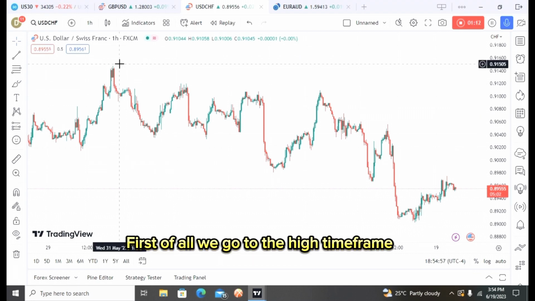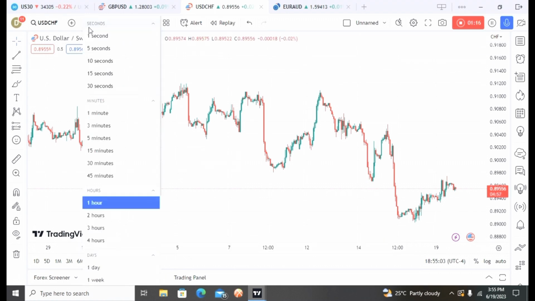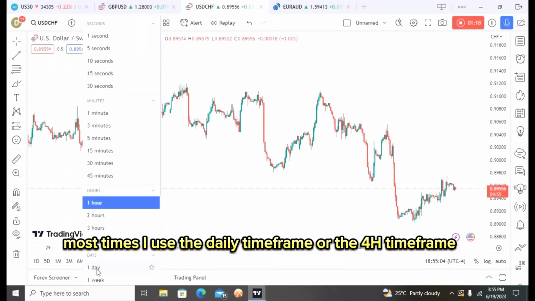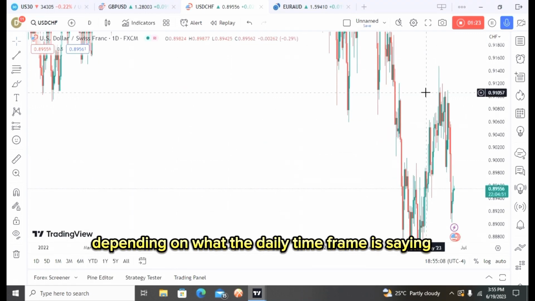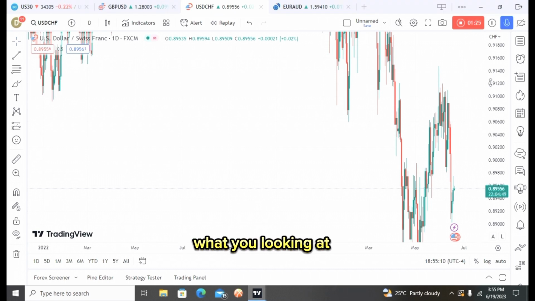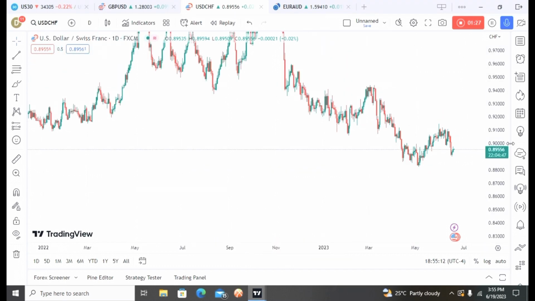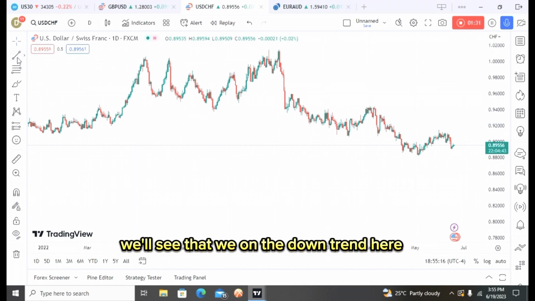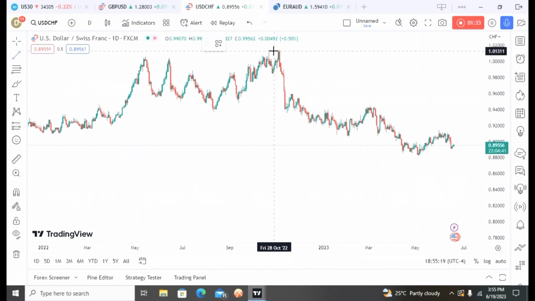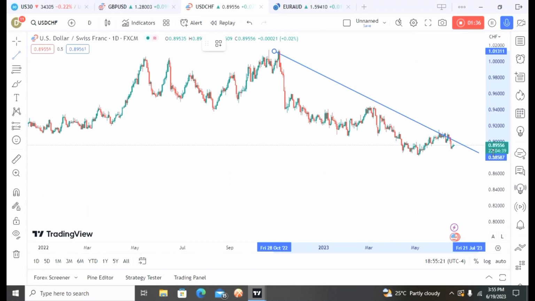First of all, go to the higher time frame to identify the higher time frame trend. Most times I use the daily time frame or the 4 hours time frame. So on this pair right now, if you check properly, we'll see that we're in a downtrend here.